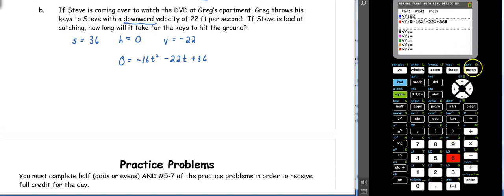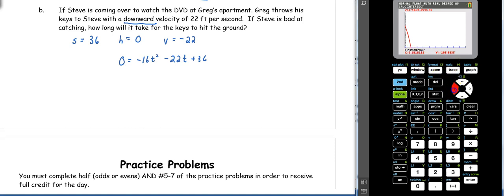And our window should be good because it's using the same settings from the other problem. So we have our intersection point. We're going to hit second trace 5. Move close to that intersection point. So now I don't see the cursor, so I need to keep going to the left until it gets on that intersection point or closer to it.